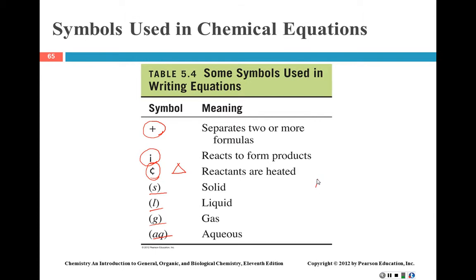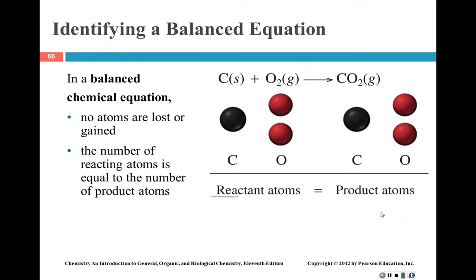So if I have sodium chloride that's dissolved in water, I call that aqueous. But if I have solid sodium chloride, then that is an S. It just tells me what forms, because sometimes in a chemical reaction, some of the reactants are only changed in form and not really changed to something else, so they don't really undergo that chemical change.